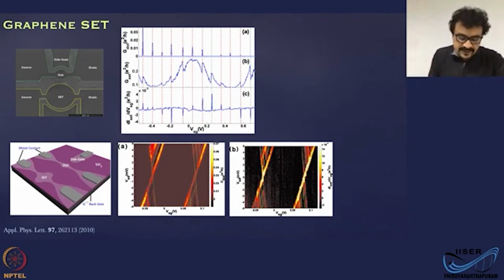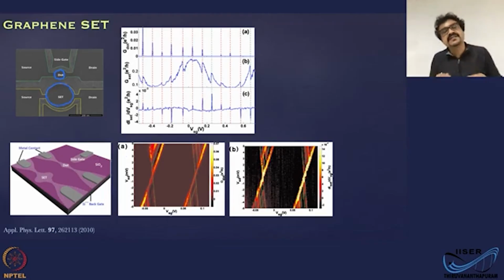What we have is a quantum dot defined out of etched graphene, and everything is graphene here. The whole device is defined by etching and shaping the graphene sheet. So you have a quantum dot here, which is relatively small, and you have SET here, which is much larger.